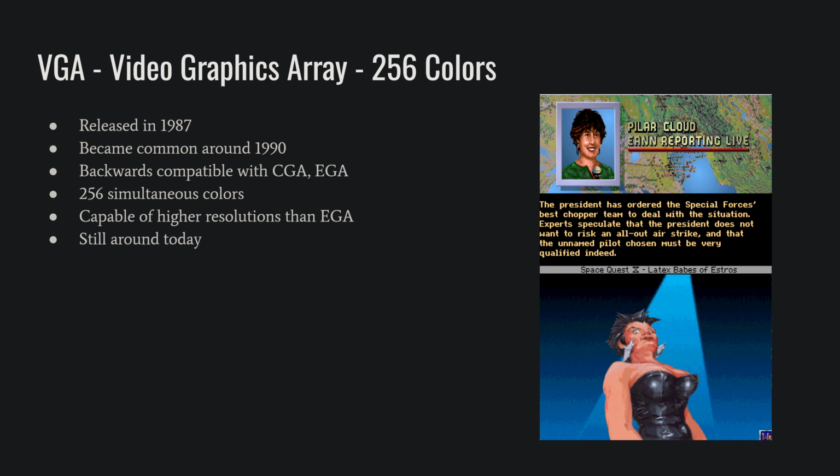It has higher resolutions than previous CGA or EGA, getting rid of those jaggies around the edges. You can see a couple examples there in the screenshots. Notably, today this is the standard for the lowest common denominator of graphics. So if your Windows machine doesn't have any drivers at all, it'll still do VGA because it's the last standard that everybody agreed on.